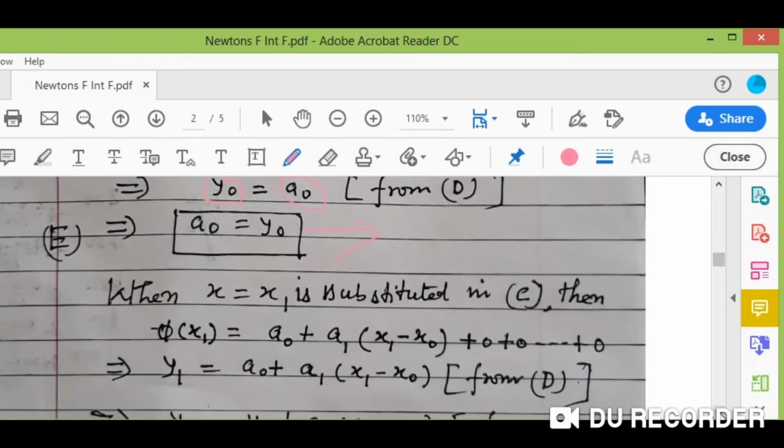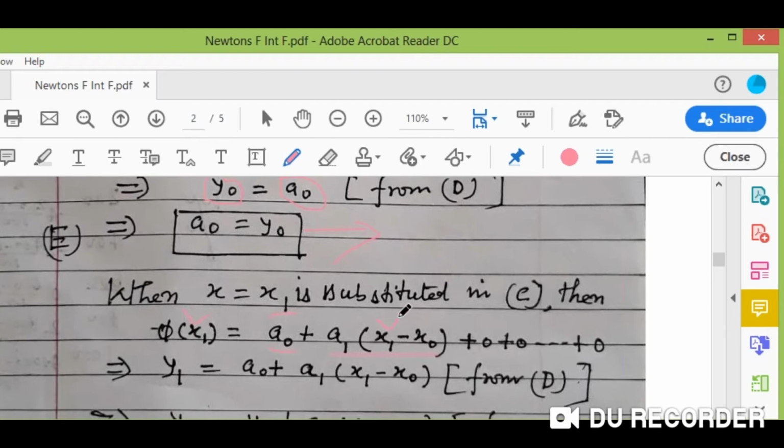Now we come to the second constant. For computing and evaluating the value of a1, the second constant, we substitute x is equal to x1. So when we put x is equal to x1, this becomes y1. This is a naught. This is a1 times (x1 minus x naught).